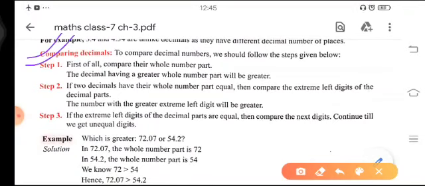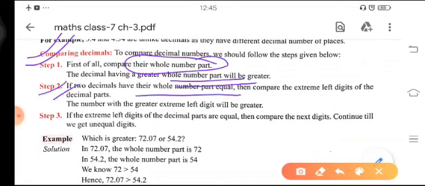First, we will compare their whole parts. If the whole part is greater, then that decimal number is considered the greater number. The second step: if two decimals have equal whole number parts, then we compare the extreme left digit of the decimal parts.